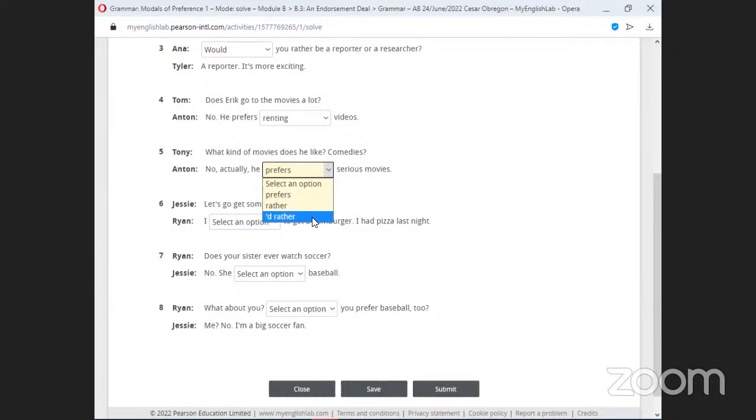When you put prefer, you don't need a preposition after. Okay, that's fine. Prefer.